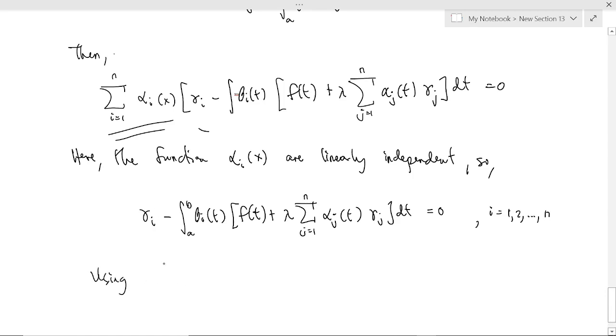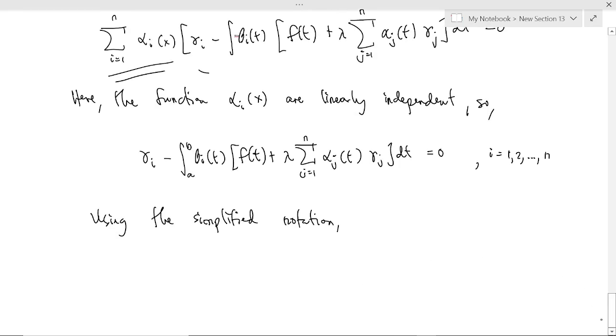Now, using the simplified notation, we can simplify this one. The integral of b_i(t) f(t) dt, evaluated from a to b, we can simply write as F_i.